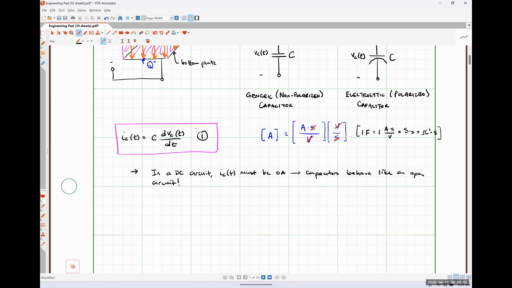So for the next relationship that we can glean from this, we could do a series of examples like we did with inductors, but we can also just figure it out because we know that inductors are going to behave in the opposite way of capacitors. So the second relationship that we got from our derivative-based relationship for inductors was that the current flowing through an inductor could not change abruptly.